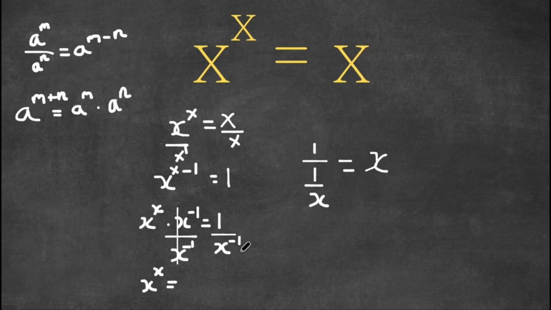So 1 over x to the power of negative 1 is simply just x. So now we get x to the power of x is equal to x.